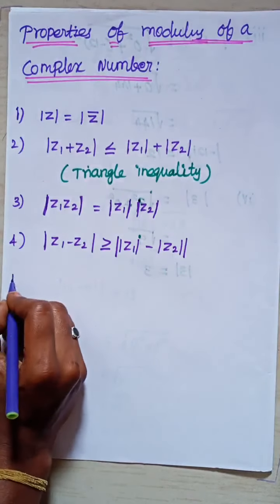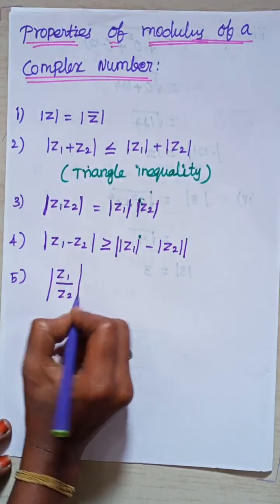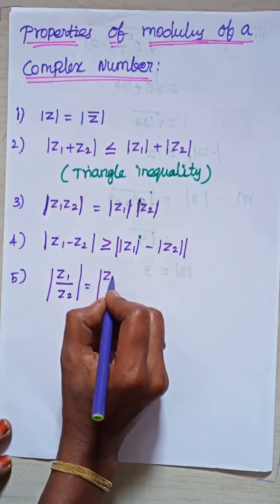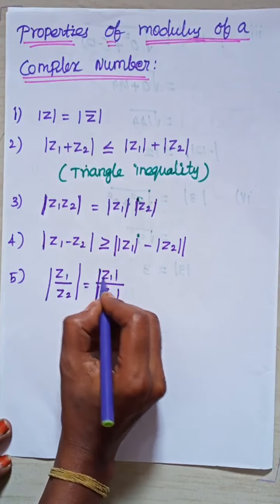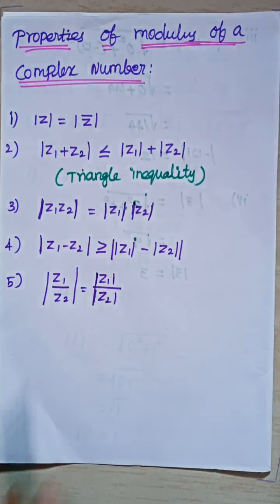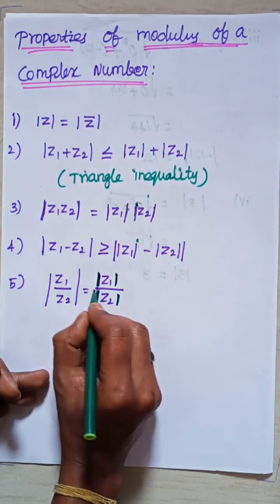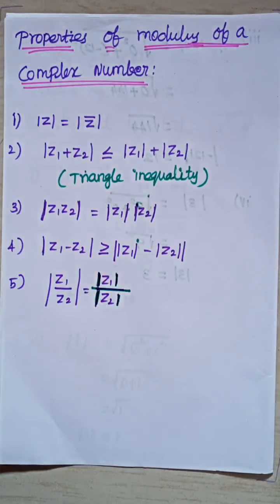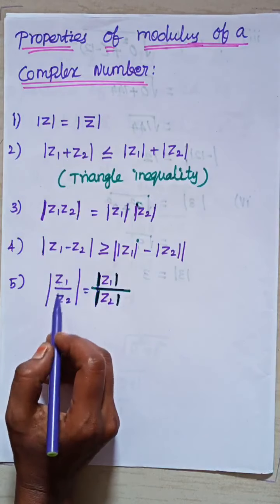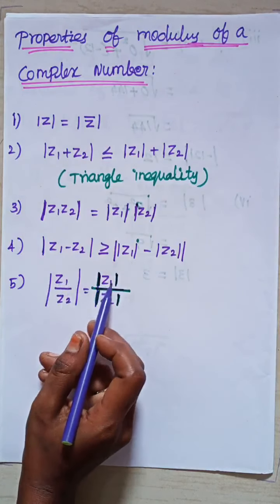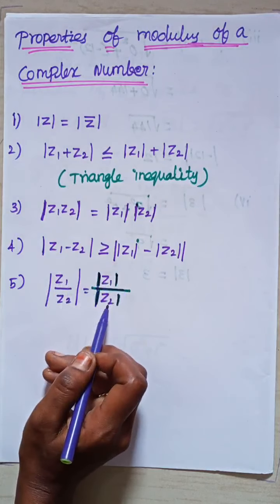Okay. And then the fifth property, modulus of z1 by z2 is equal to modulus of z1 divided by modulus of z2. Write it as separate moduli. The fifth property says that the whole modulus of z1 by z2 equals modulus z1 divided by modulus z2.